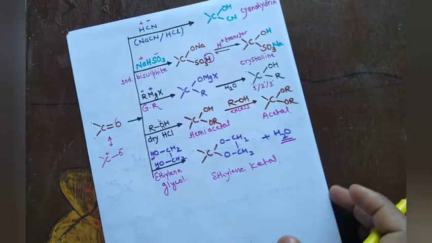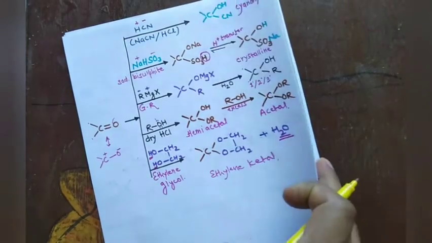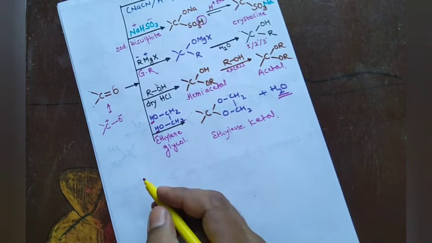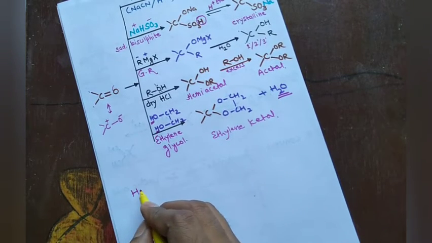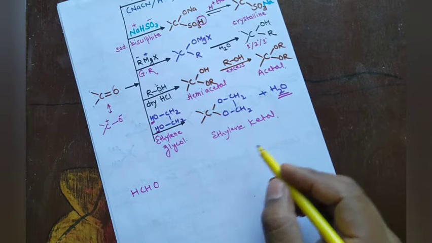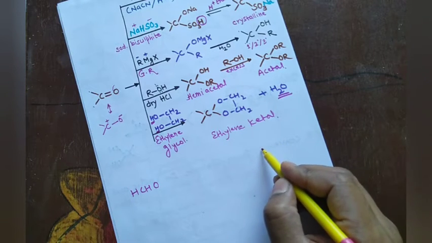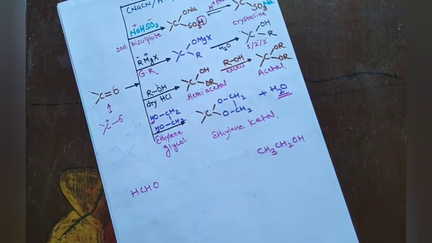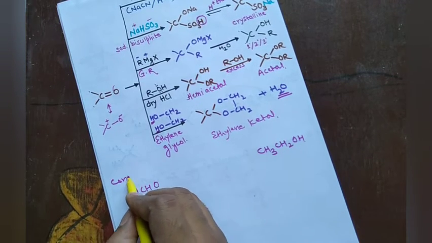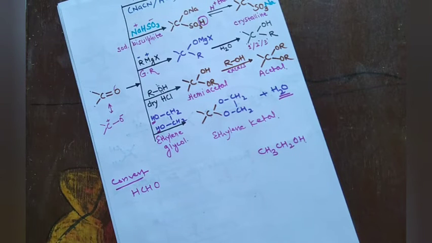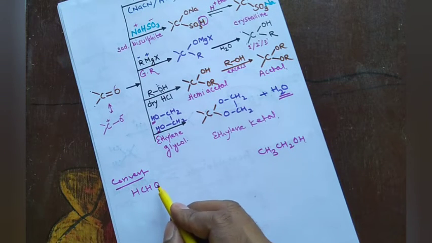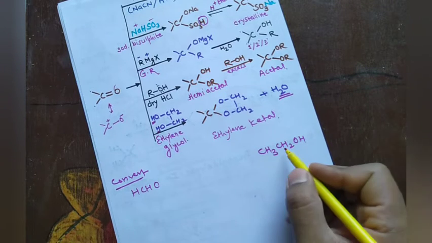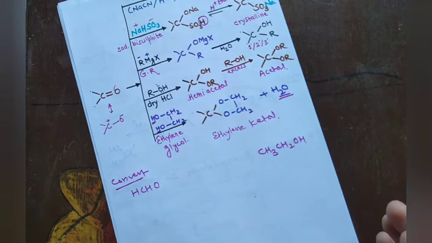Is that clear? Suppose it is asked to convert methanol to ethanol. Since carbon is increasing, we can use Grignard reagent.